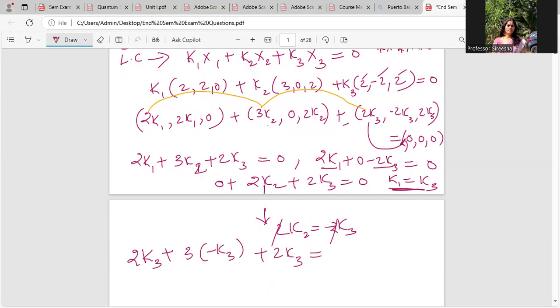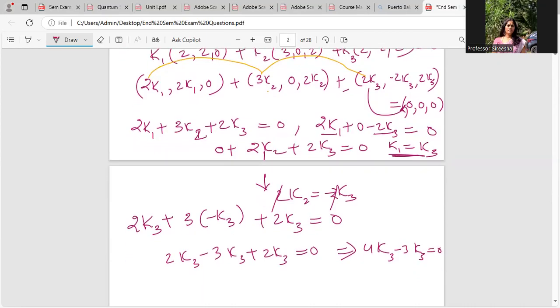Adding all three terms, I get 2k3 minus 3k3 plus 2k3 is equal to 0, or 4k3 minus 3k3 is equal to 0, so k3 is equal to 0.